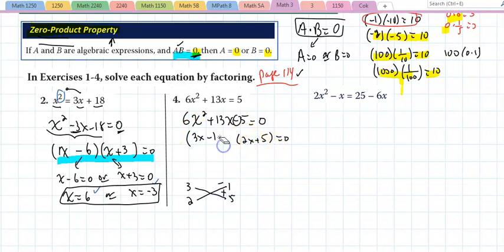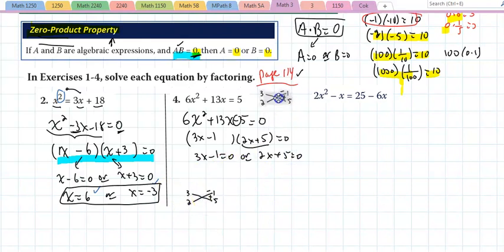That's how this will factor. That means 3x minus 1 will equal 0, or the second factor, 2x plus 5 will equal 0. I'm going to put that right there just for your notes.